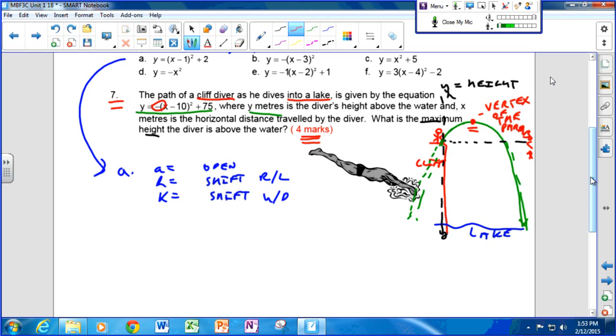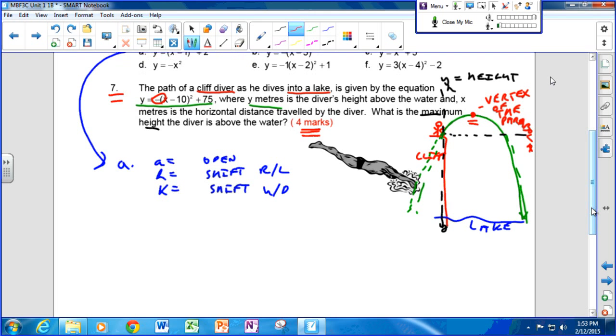So I drew what I thought this thing looked like, where somebody's diving off a cliff, and it's a parabola. And question 7, once you draw a diagram, maybe it's not quite as tricky as it seems.